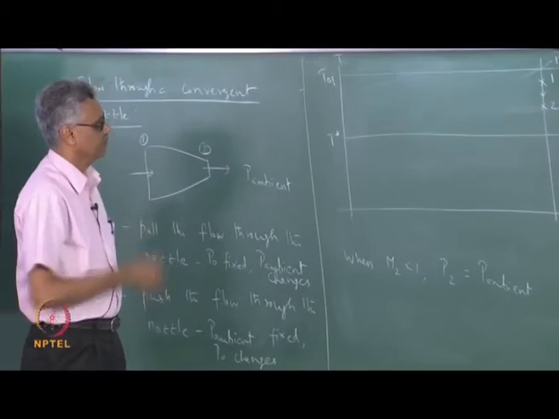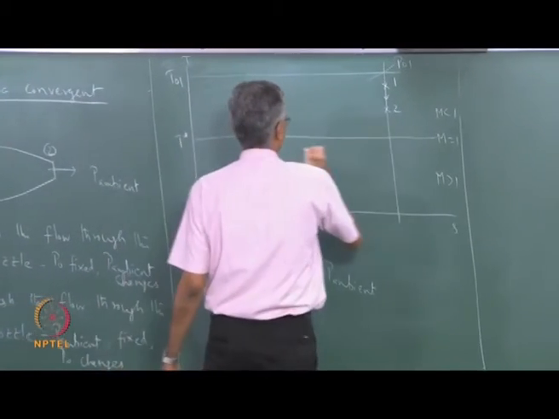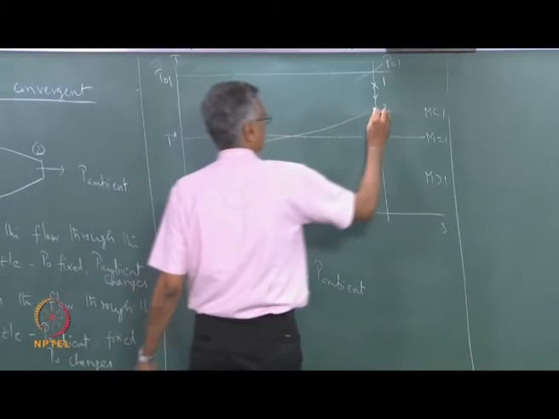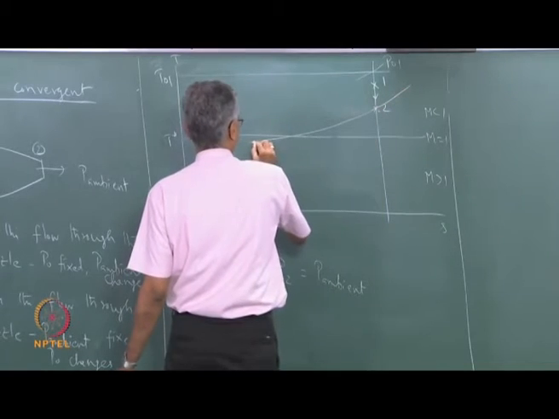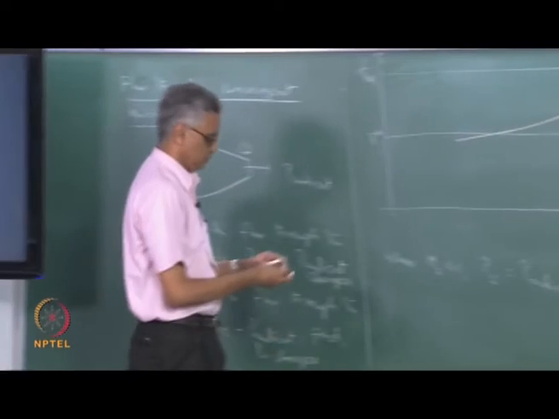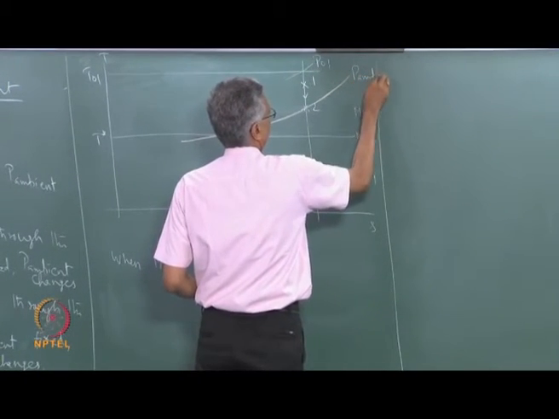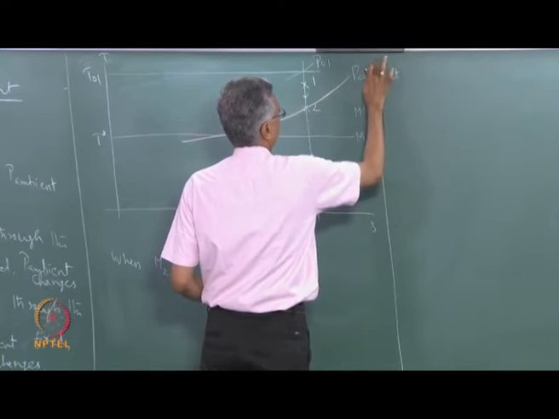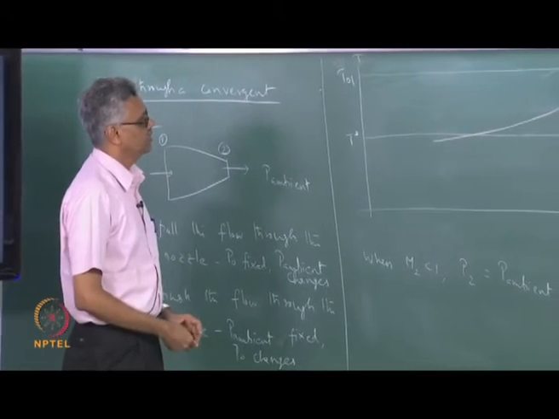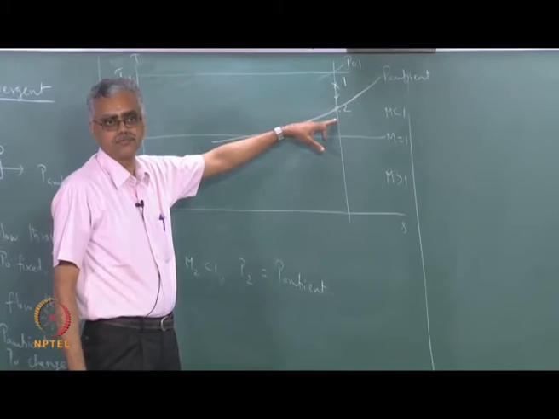So I can draw the isobar corresponding to P ambient like this. This is my isobar corresponding to P equal to P ambient. You can see that the exit pressure P2 is equal to P ambient in this case.